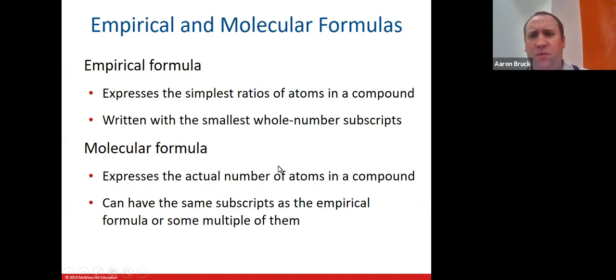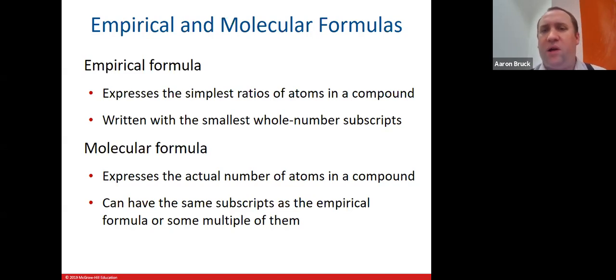Now, molecular formulas give us the exact number of atoms in a given substance. Empirical formulas simplify that process a little bit, and they do so by expressing our ratio of elements not in terms of what they actually are, but in terms of a mathematically simplified version.